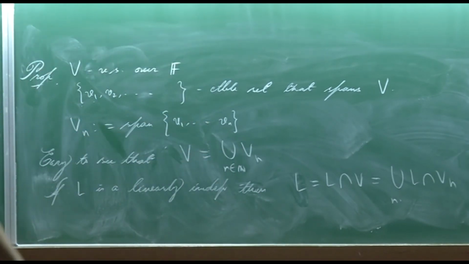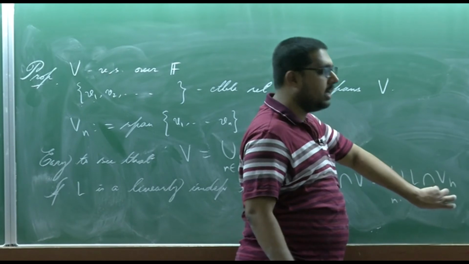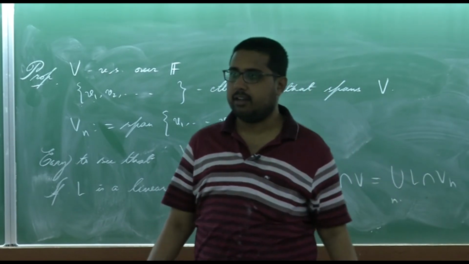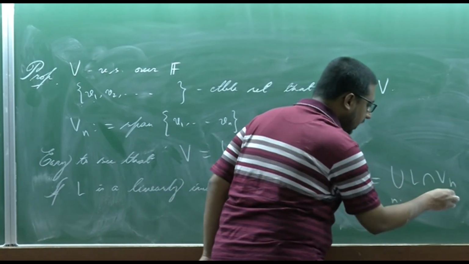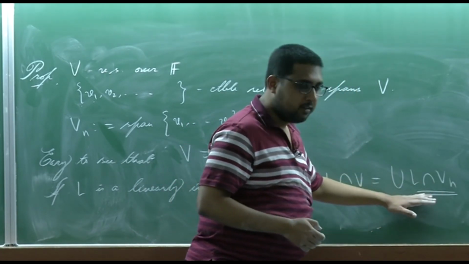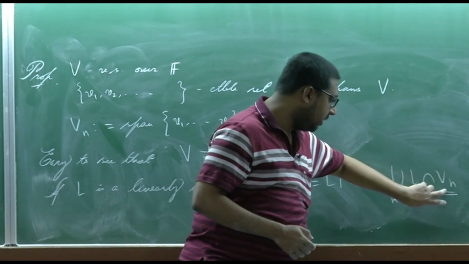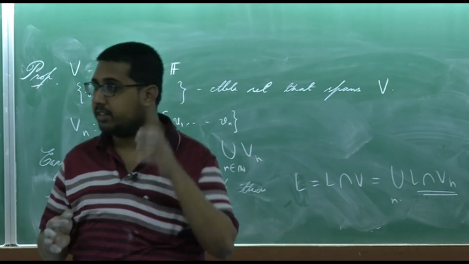So, L intersection Vn is a linearly independent subset of Vn, a subset of L. And this is a linearly independent set contained inside Vn, and Vn is finite dimensional.